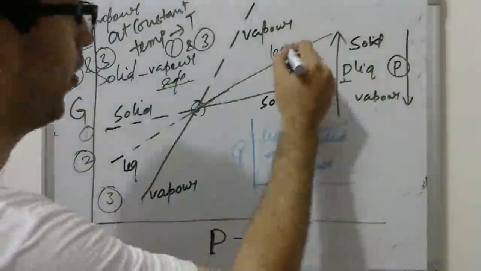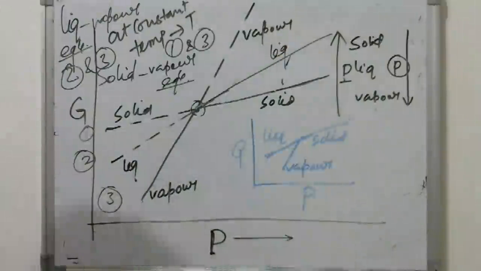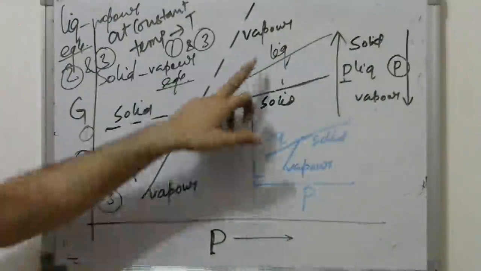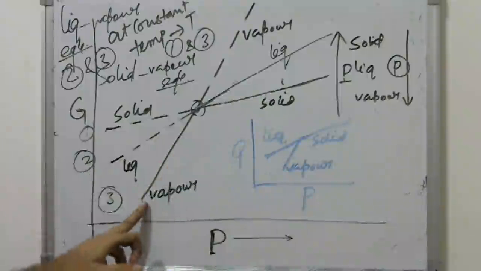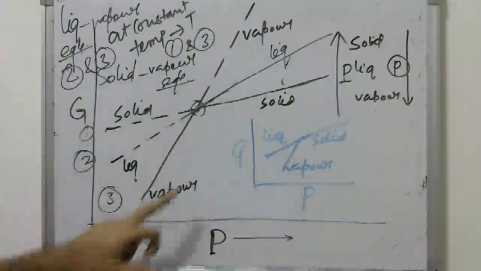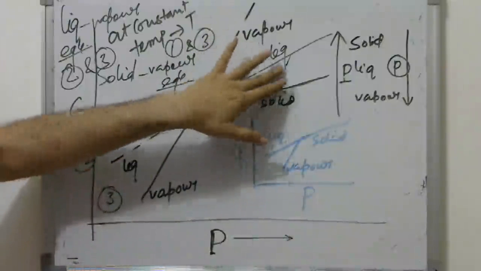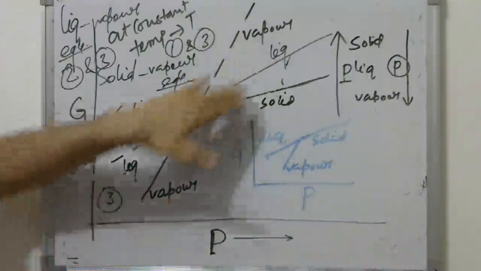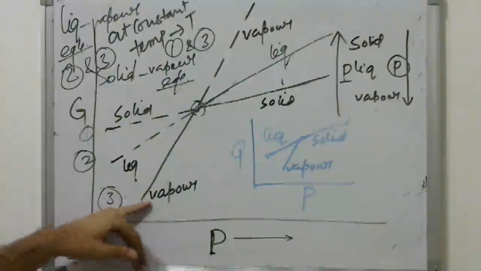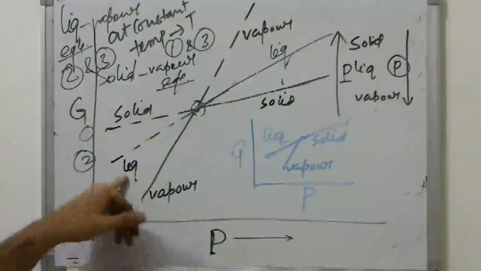Accordingly I will change. It's a liquid. So liquid, solid, and here is the vapor. At a higher pressure, liquid has lower free energy than the vapor, and at very low pressure, vapor has a lower free energy than the liquid.